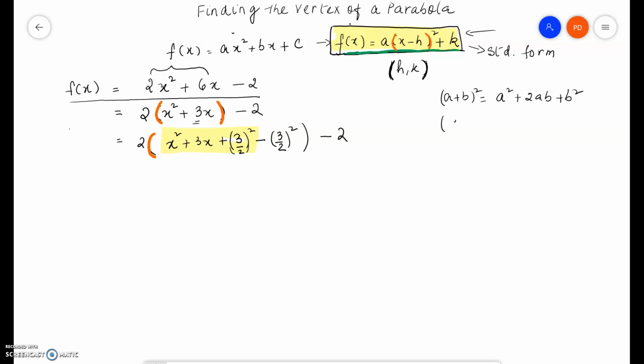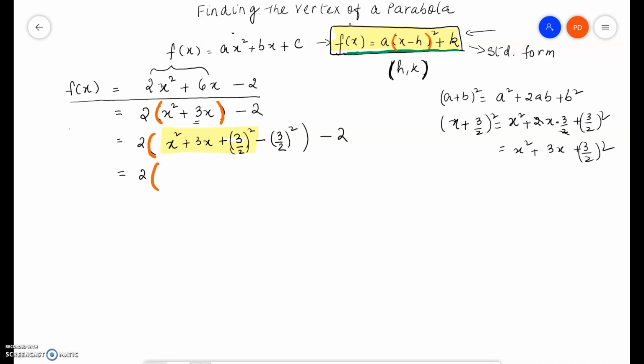And in this case, x plus 3/2 the whole squared is square the first plus twice the product of the 2 terms plus square the second term. So we have x squared plus 3x plus 3/2 the whole squared. And that's exactly how we complete squares.